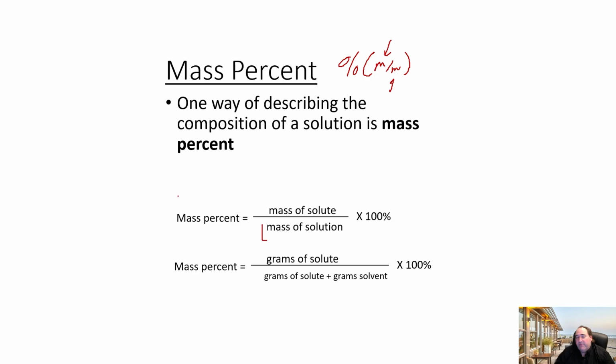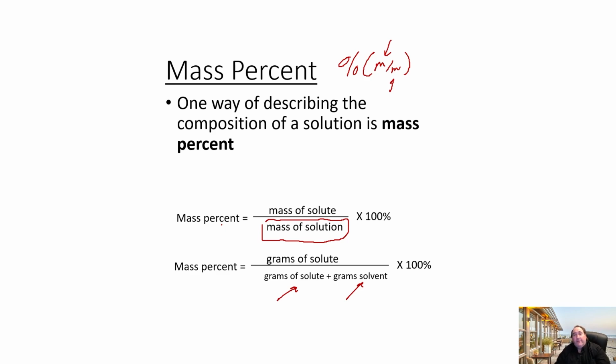In this formula, this is really the important part, because remember that the mass of the solution is both the grams of the solute and the grams of the solvent. I can't tell you how many people in these type of problems will just divide by the mass of the solvent. The reason that's so easy to do is a lot of times they will give you the mass of the solute and the mass of the solvent separate from each other.